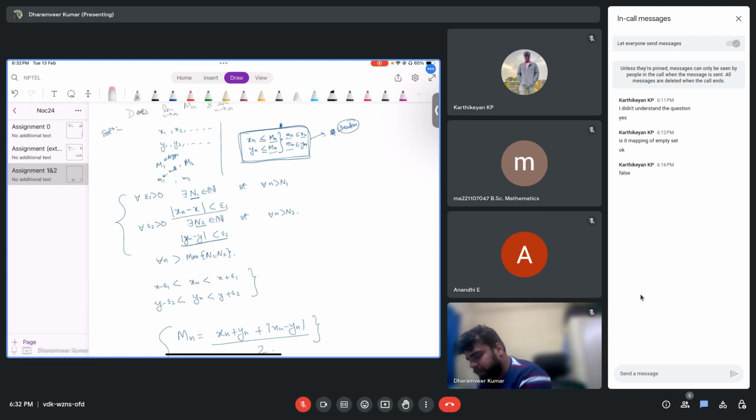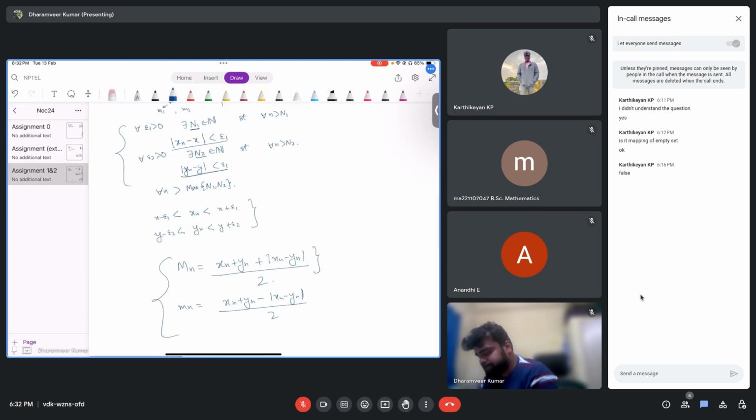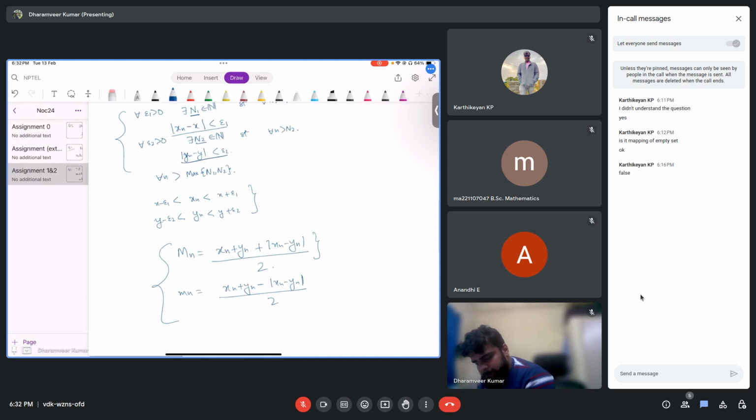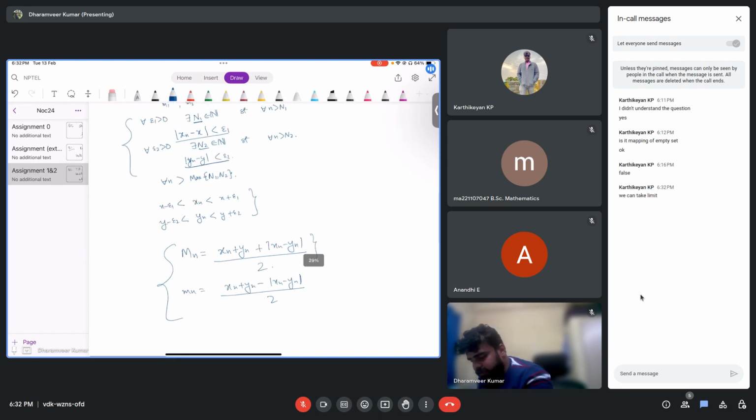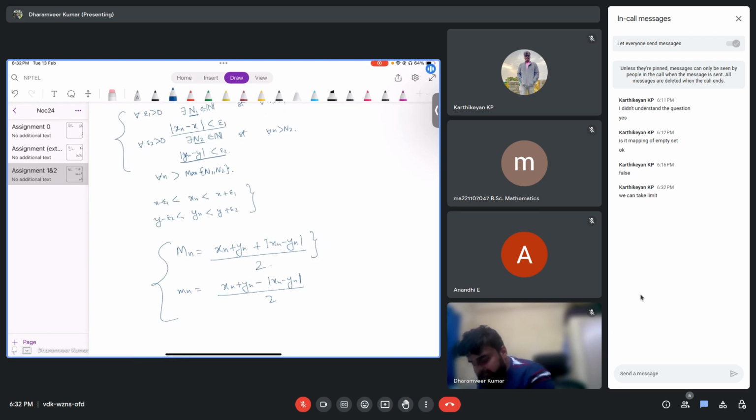So what we can do from here now, we can add them up definitely. What else? Let's do it the hard way, and then I will tell you an easier trick about taking limits.